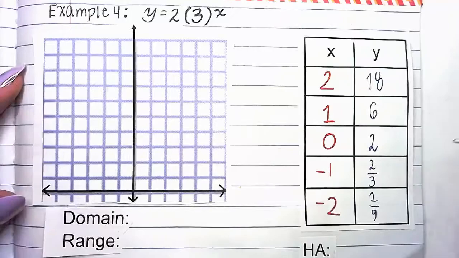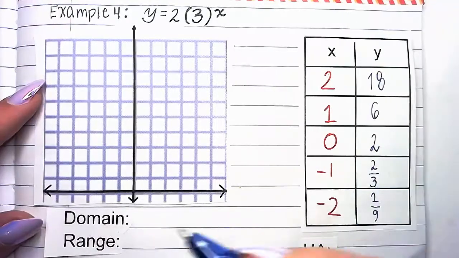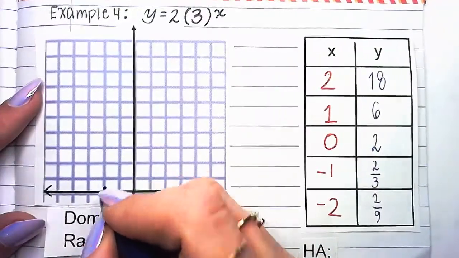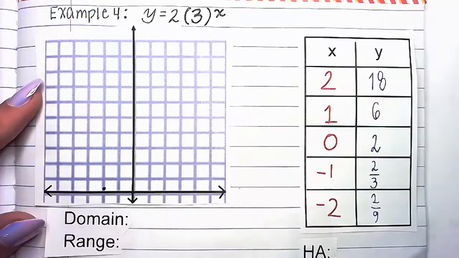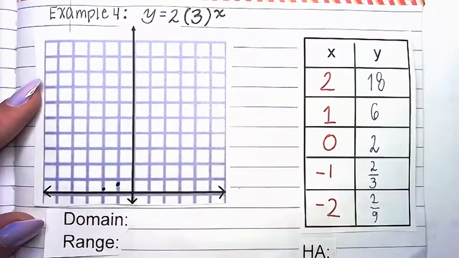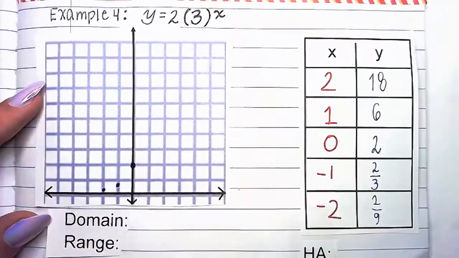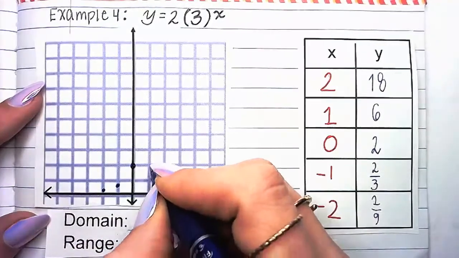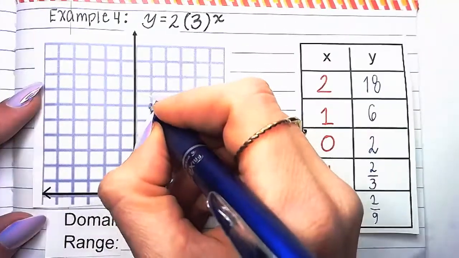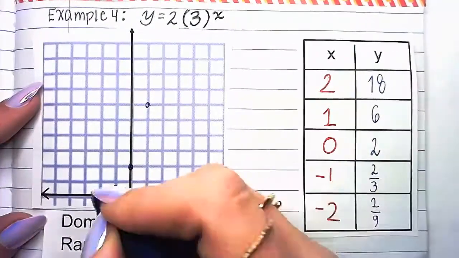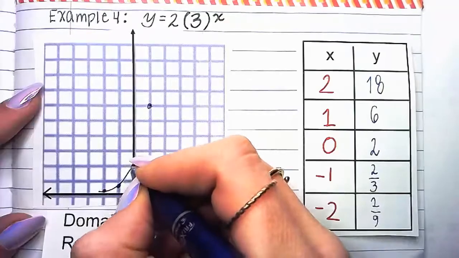If we were to graph this, -2, comma, 2/9. -1, comma, 2/3. 0, comma, 2. 1, comma, 6. 2, comma, 18, off my graph.